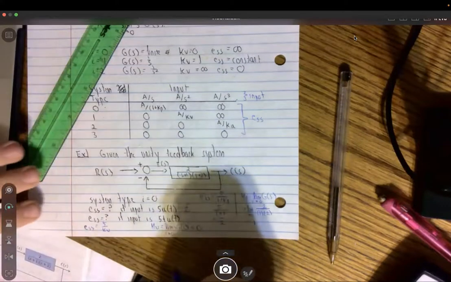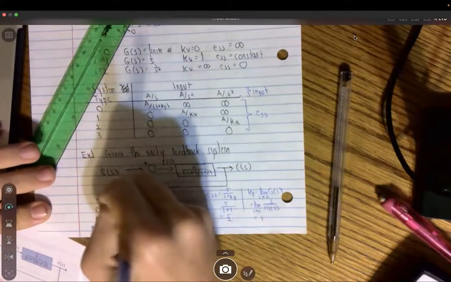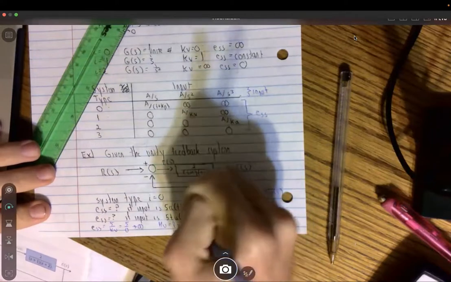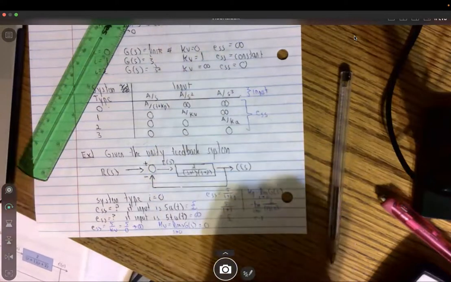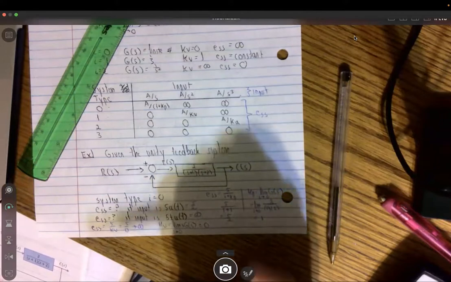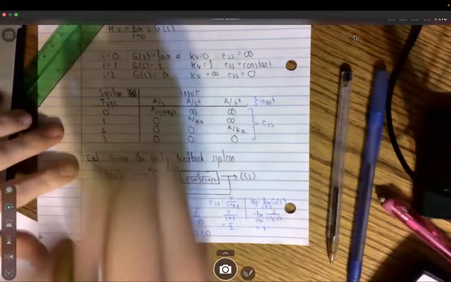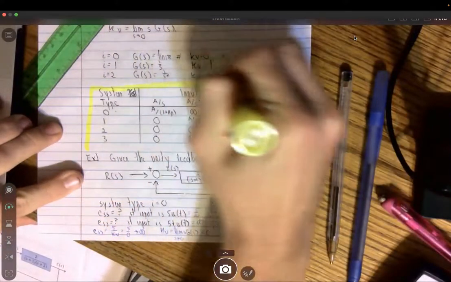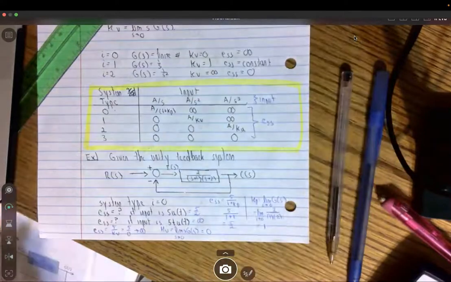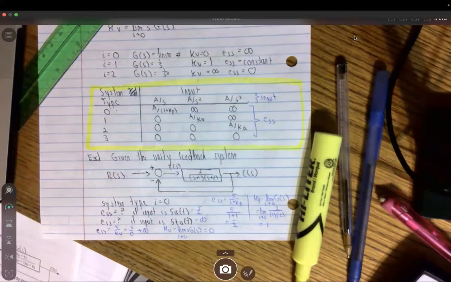And so what we'll get here is 5 divided by 0, and so that's going to go to infinity. And so this will equal infinity. And remember that these are defined, of course, for our unity feedback systems up here. So this is a really important table to use in order to define your examples and have a good understanding behind it in order to know what your error steady state is.